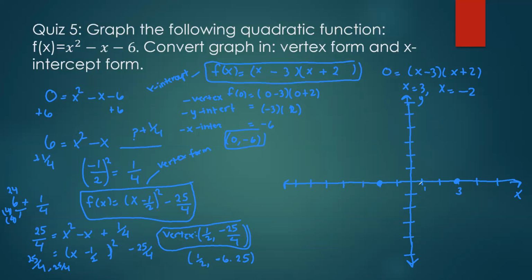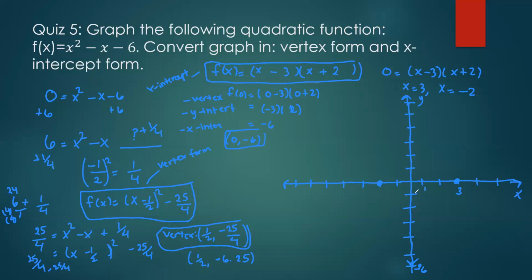Here's 1, so 1/2 would be right here, and then negative 6.25. Okay, and then yeah, that's it.